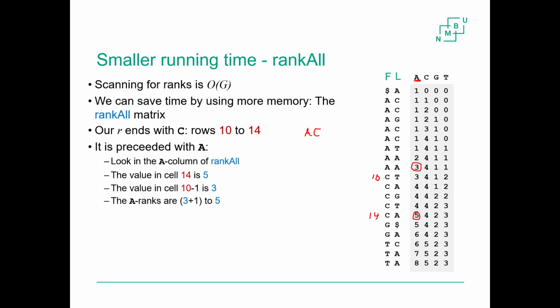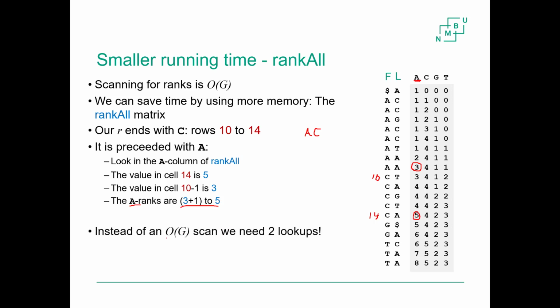So it doesn't matter if there are, in this case, 5 C's, but it could be 5 million C's here, right? It would be just as fast to look up these two numbers because we know exactly which two rows to go into. And then the A ranks that we are now interested in are always these. Always these, 4 and 5.